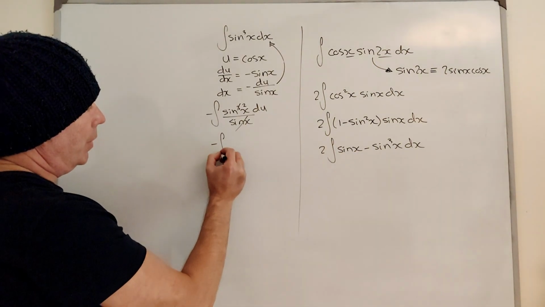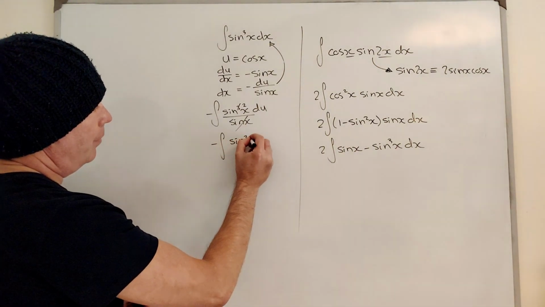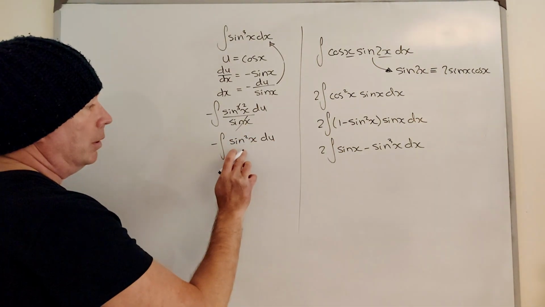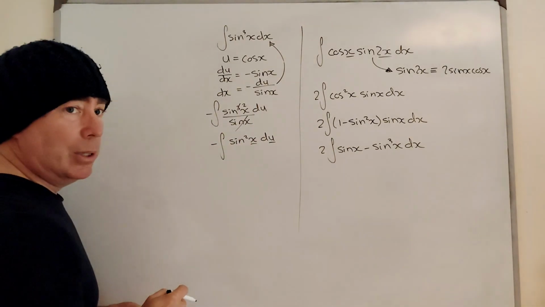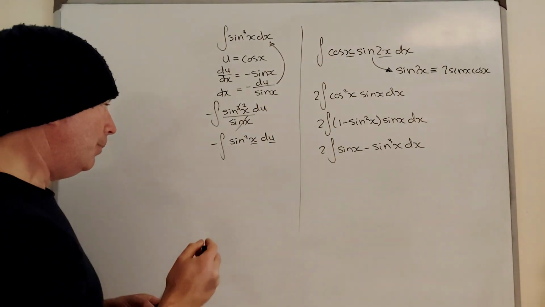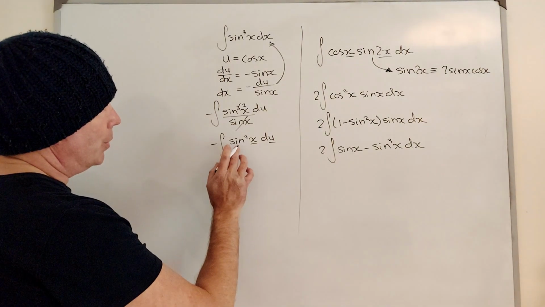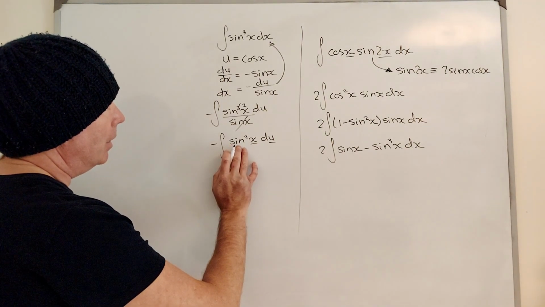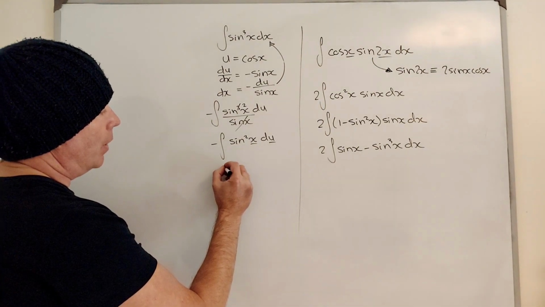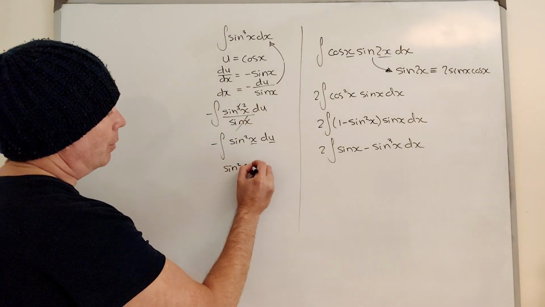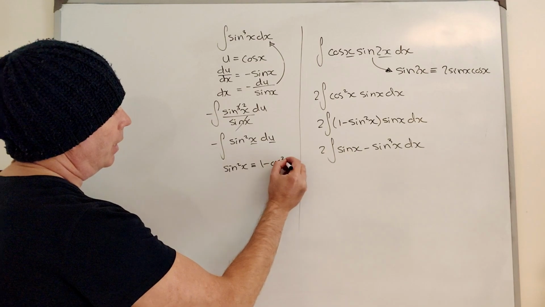So we've now got the integral of sin squared x du. Notice we've got sin squared x, but we're integrating with respect to u. We need to do something about that. So I'm going to use the relationship between sin squared and cos squared. I know that sin squared x is equivalent to 1 minus cos squared x.